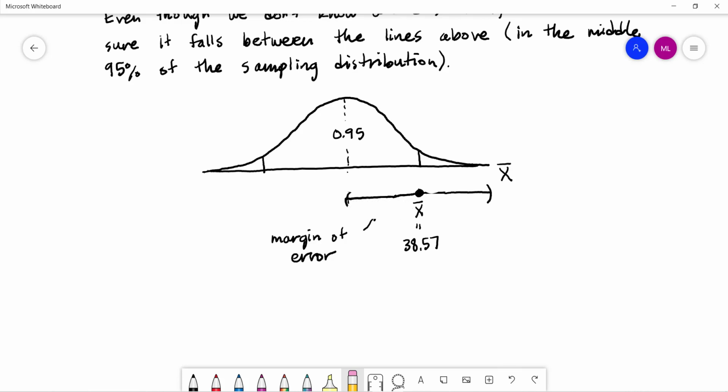Okay. So here is our little margin of error. And actually, while we're at it, let me take that little x bar along for the ride as well. Okay. So imagine that this is our margin of error.